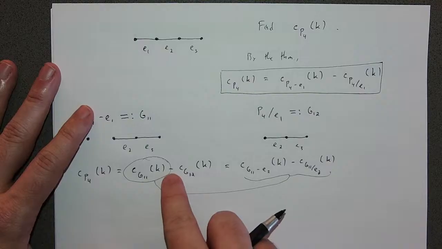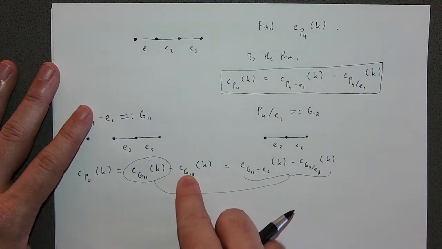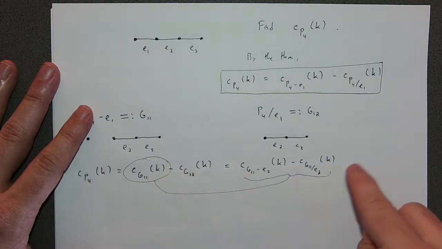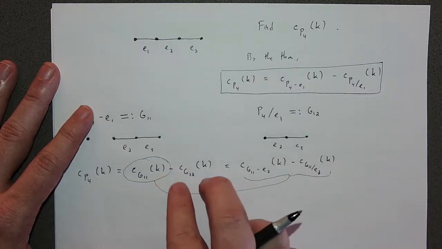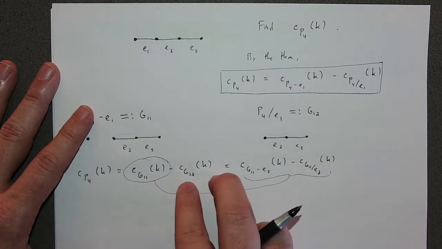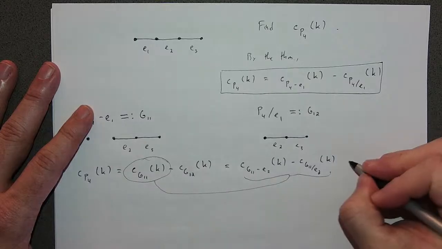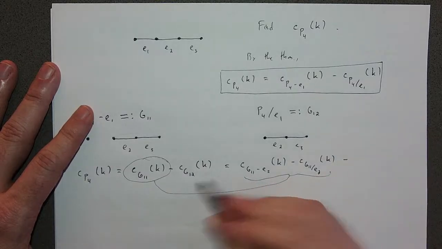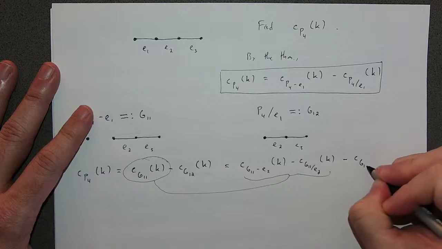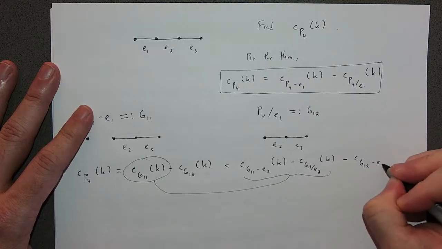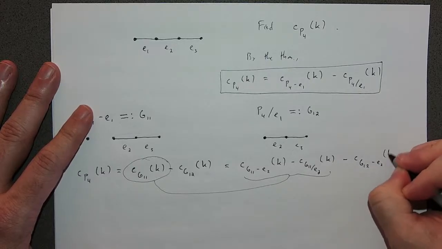Similarly, now I have this minus sign applied to this, so I'm going to go ahead and distribute the minus sign. If you're curious why the signs work out this way, this is minus the theorem applied to this, which is minus the number of colorings on G12 minus the edge, we'll say E2, using K colors.